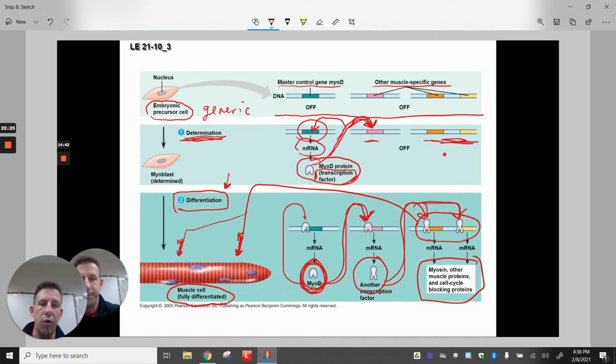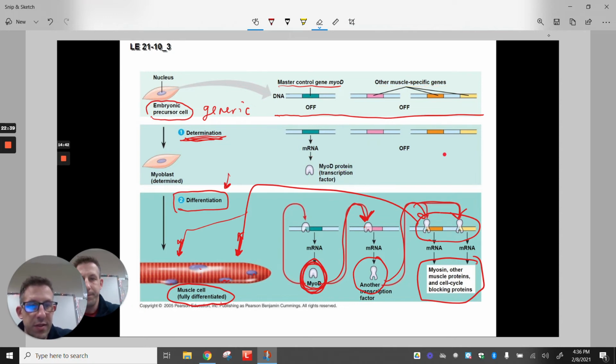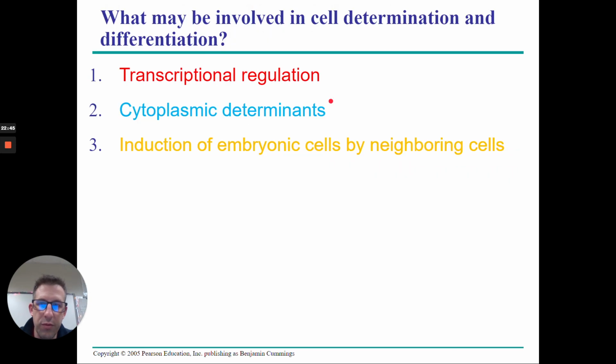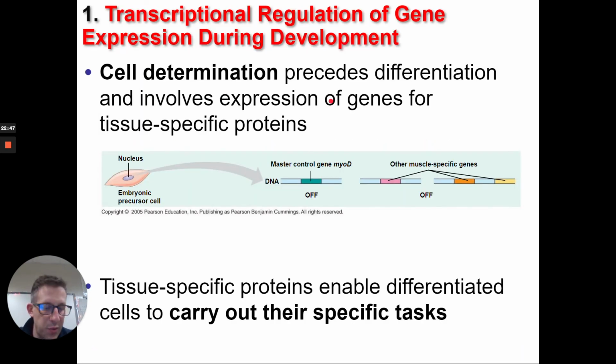Okay? So this all happened because transcription of all of these gene sets that we see up here, the ones I've drawn all over, had been regulated, which is the part that I had introduced here. Transcriptional regulation of gene expression.